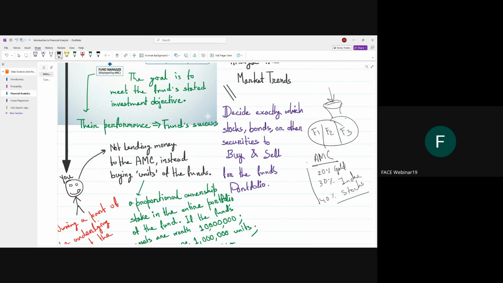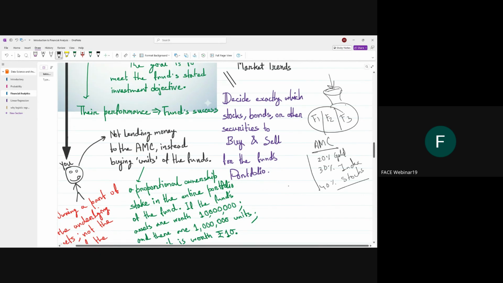So they have this entire conglomerate, and then they divide it into multiple smaller units, so that retail investors like us can buy at a fractional price. Consider it fractional ownership of the entire fund. So basically you buy some units of the fund.